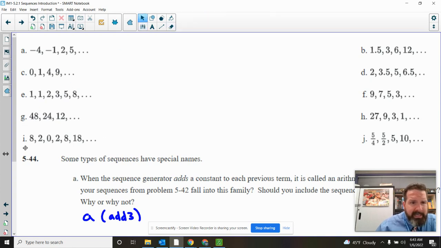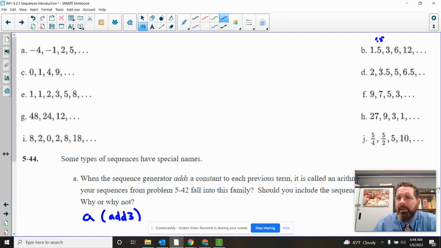Looking at I, from 8 to 2, we'd add negative 6, but from 2 to 0, you'd add negative 2. Those are not the same number, so not arithmetic. Take a look at B, from 1.5 to 3. From 1.5 to 3, you need to add another 1.5. From 3 to 6, you'd add 3. Already we're not adding the same number each time. That is not arithmetic.